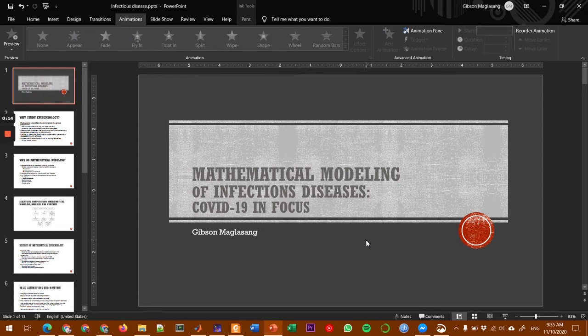So previously we discussed one mathematical model that is used in solving interesting problems in economics and also in business, that is the Bass model.